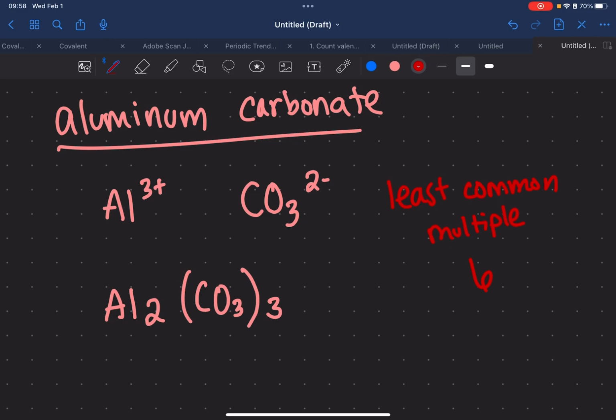So then you need to ask yourself, how can I get 6 from this, and how can I get 6 from that? And you should be able to see 2 times 3 gives you 6, and 3 times 2 gives you 6, and that tells you how many of each ion you need. Right? You need 3 carbonates, and you need 2 aluminums. You can also do it that way, least common multiple.